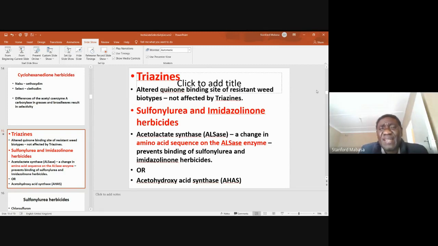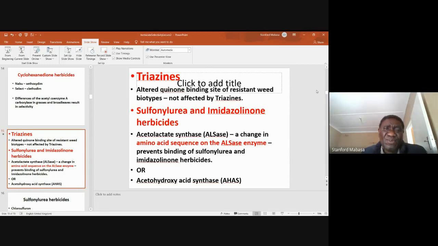But in some altered enzymes, there's going to be failure to combine, especially at the quinone binding site. This is why some resistant weeds are not killed, because atrazine will fail to combine at the quinone binding site.